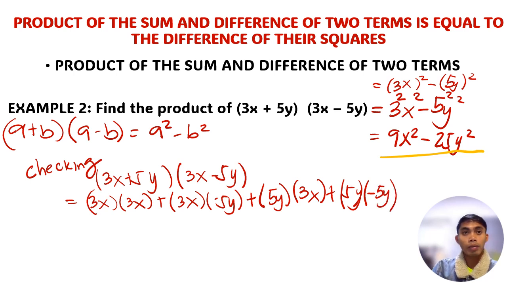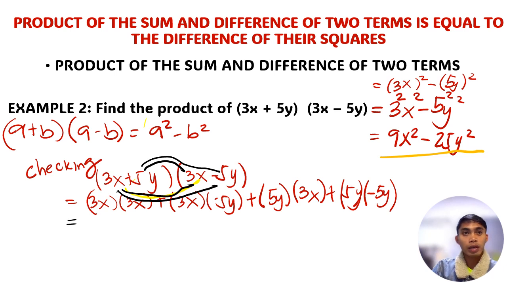Okay, that is the FOIL method. So again, we multiply 3x times 3x, then 3x times negative 5y, 5y times 3x, then 5y times negative 5y.